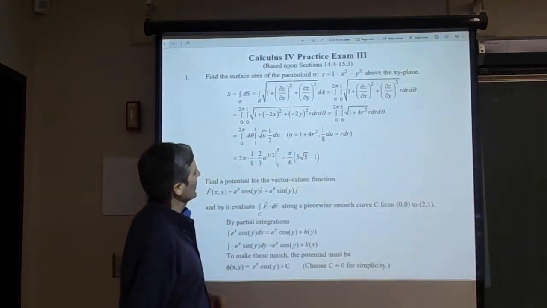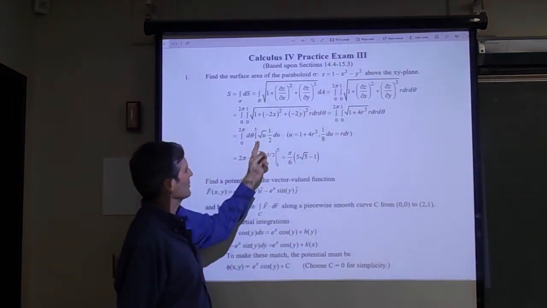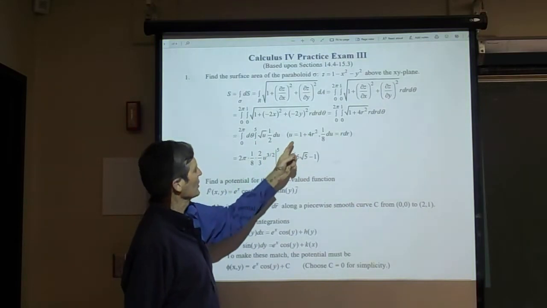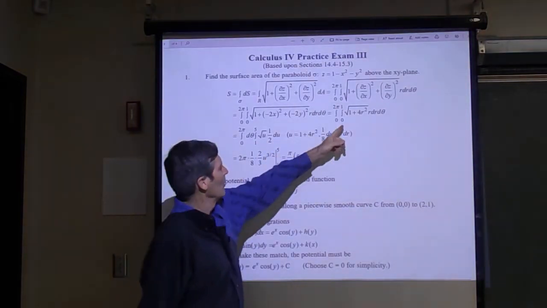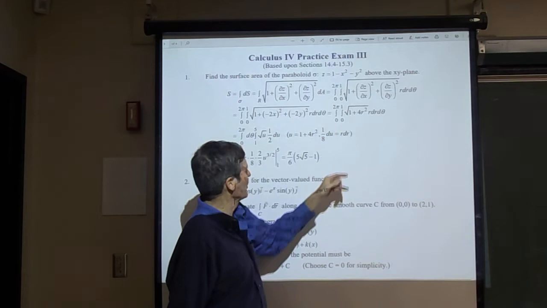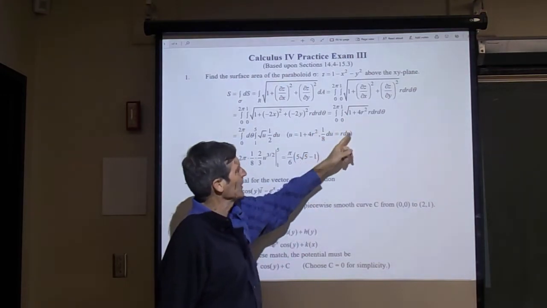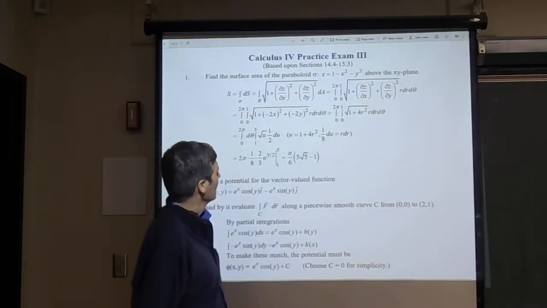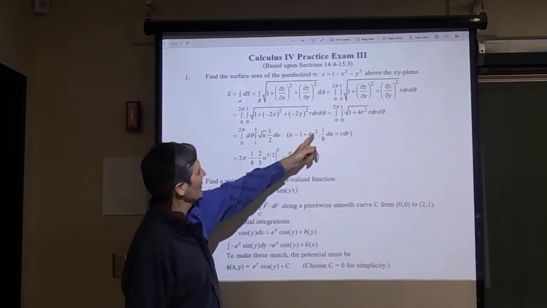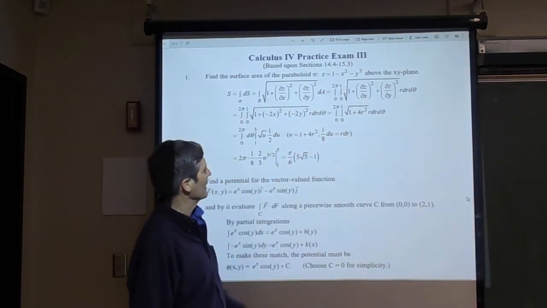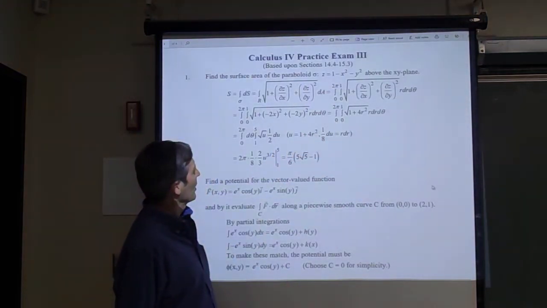And that's what I did. And then I also said you can make a substitution. Once you pull it out, let u equal 1 plus 4r squared, so that's square root u. Then 1/8 du comes out to be r dr, right? You take du is 8r dr and then divide by 8.